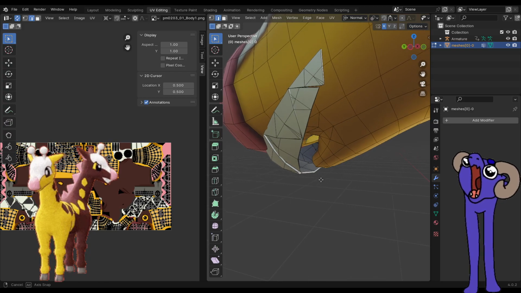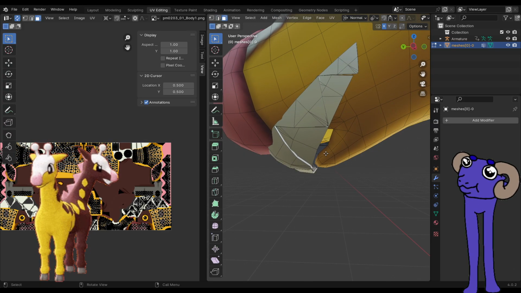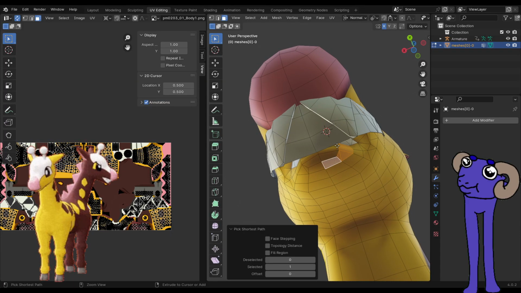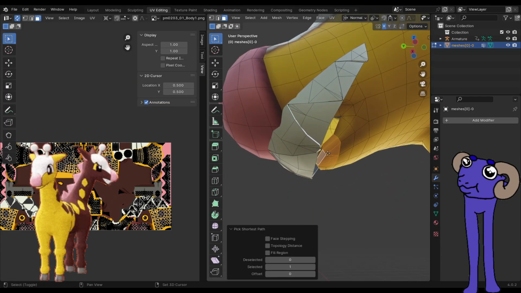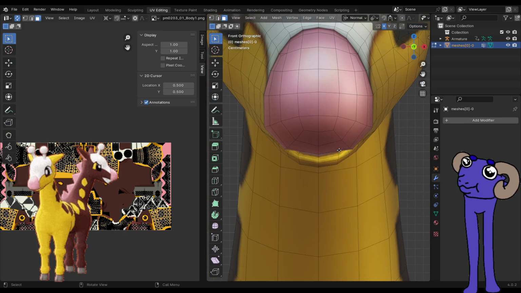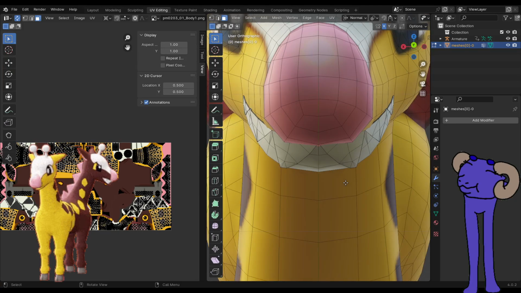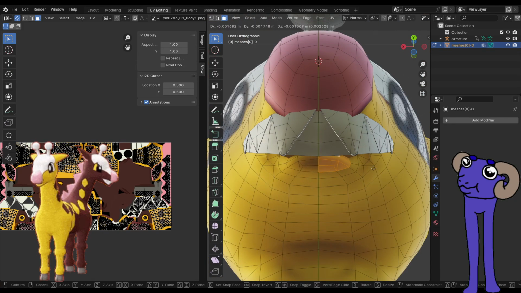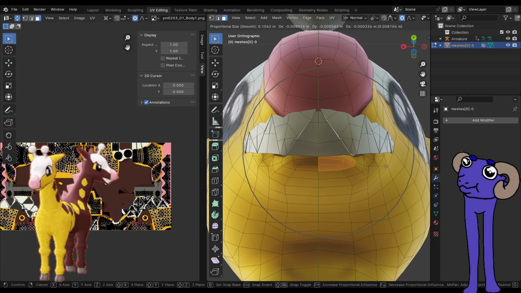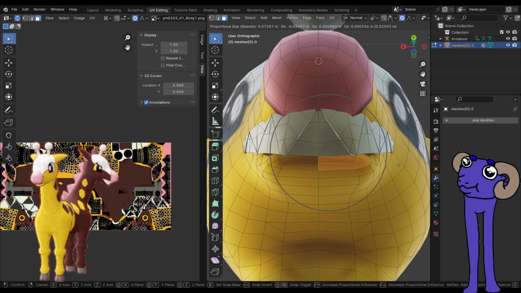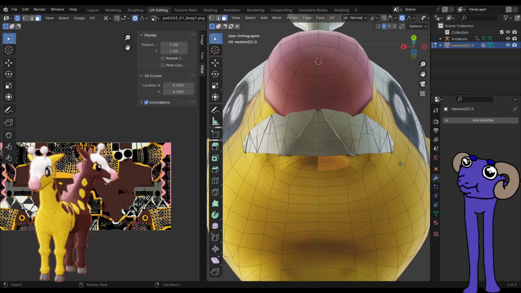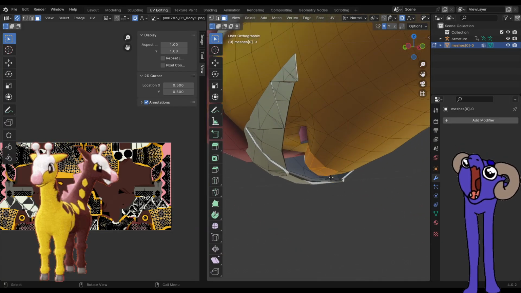And we delete teeth and then... Okay, how am I going to do this?